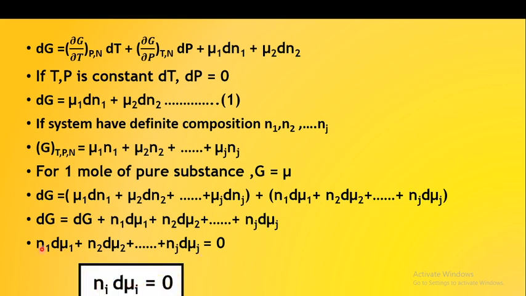In combined form, the summation of ni d mui is equal to 0. This is the Gibbs-Duhem equation.